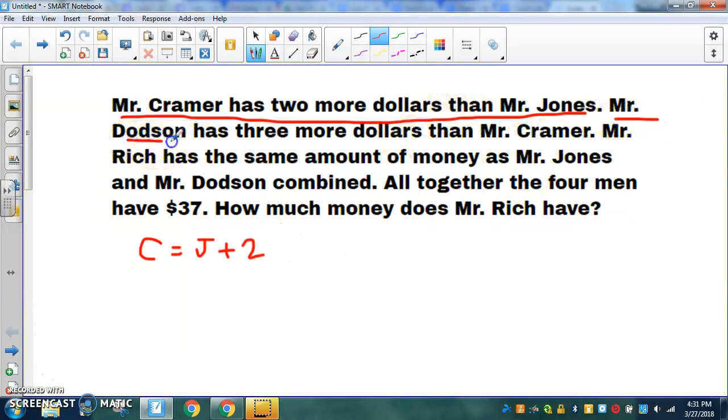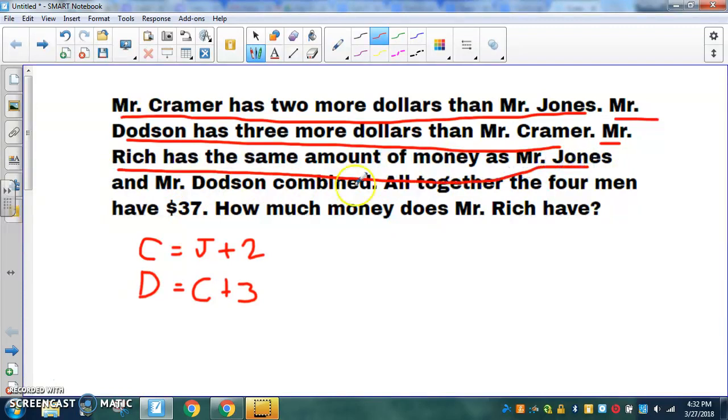Same thing here. Mr. Dotson has $3 more than Mr. Kramer, so what I could say is D, what Mr. Dotson has, is equal to what Mr. Kramer has plus 3. Mr. Rich has the same amount of money as Mr. Jones and Mr. Dotson combined.